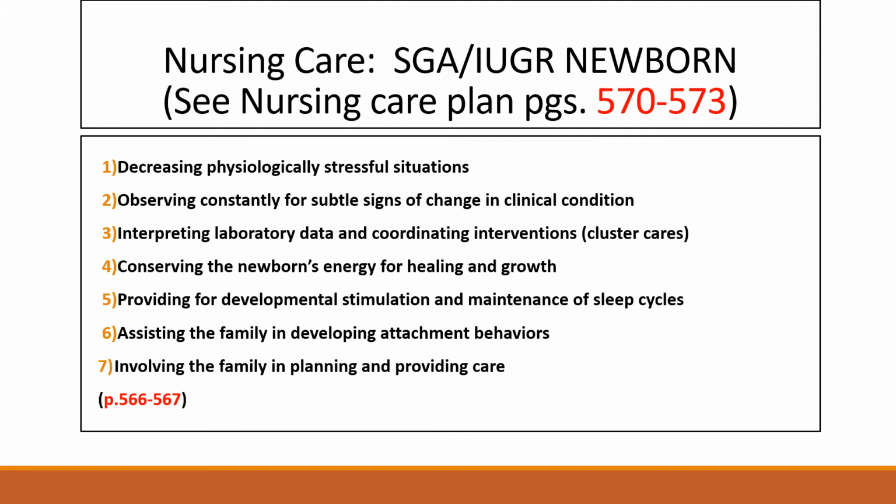We do want to observe for subtle signs of change in clinical condition. If there's any temperature instability, periods of apnea or bradycardia, we do want to look at the vital signs, making sure that they are staying within normal limits. Interpreting lab values and laboratory data and coordinating those with the interventions.